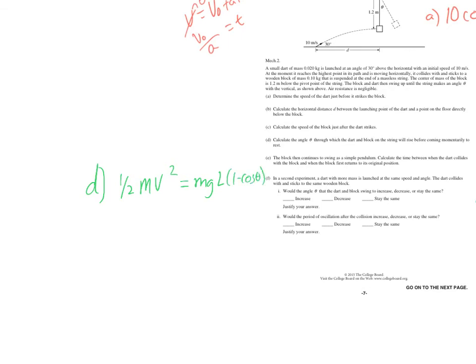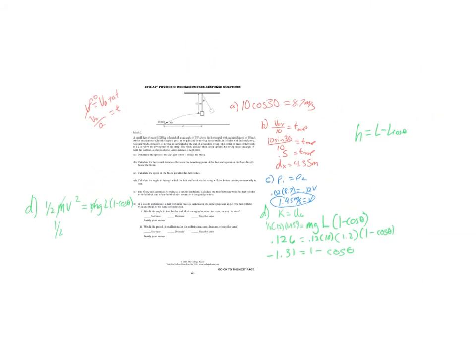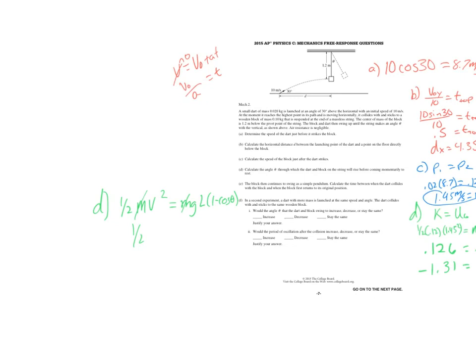All right, let's do some canceling. We cancel the m's. We're left with 1/2 times v squared. Now, what was v squared? What was v? 1.45. So 1.45 squared equals 9.8 times 1.2, and then 1 minus cosine theta.